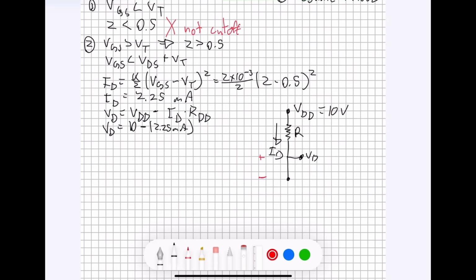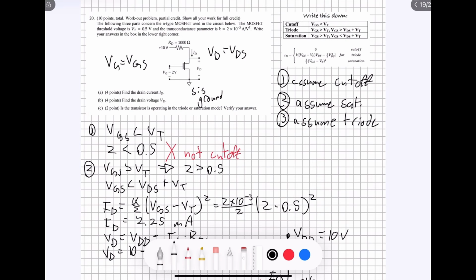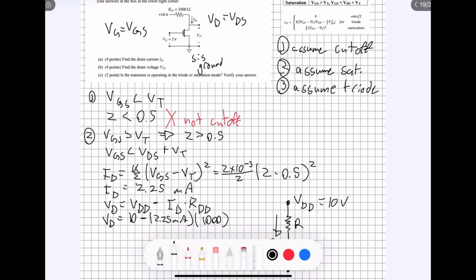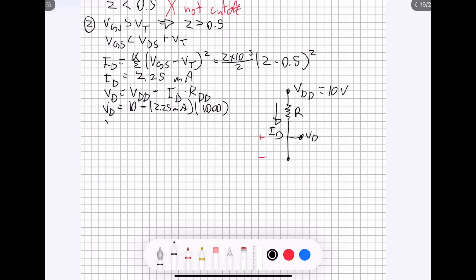Remember your units here. Don't just multiply by 2.25. You're going to have to divide by 1,000 first. And then the resistor is 1,000 ohms. So that works out pretty well. The final value for our VD is going to be equal to 7.75 volts.